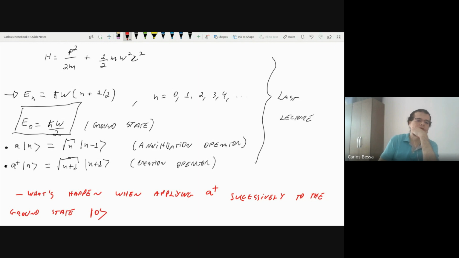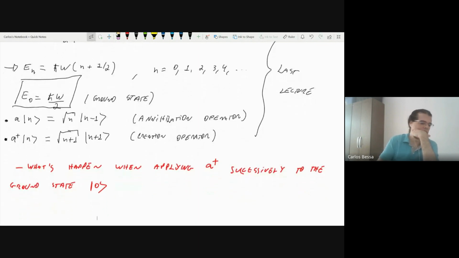We just need to apply this formula that we showed in the last lecture. If we apply this to the ground state, we will have n plus 1, where n is 0, so it will be state 1.